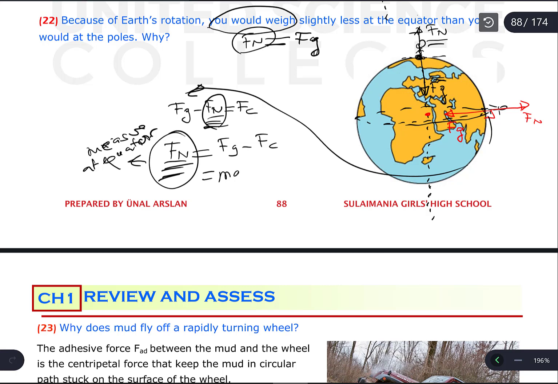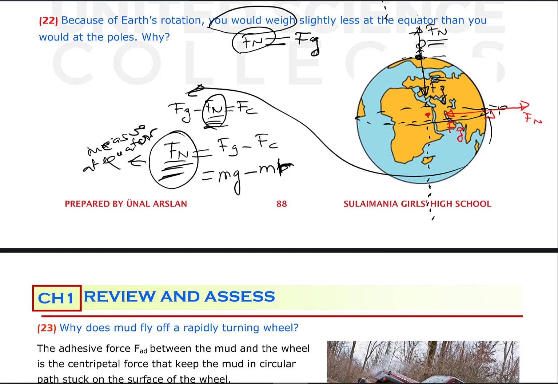Fg cannot change. It is mass times free fall acceleration. But Fc right now at the equator has the maximum value. Why? Because your mass doesn't change when you are at the pole or at the equator. Mass is the amount of matter. Fc is m times r omega squared, and r gets its maximum value because as you move towards the equator, you start following a larger circle.